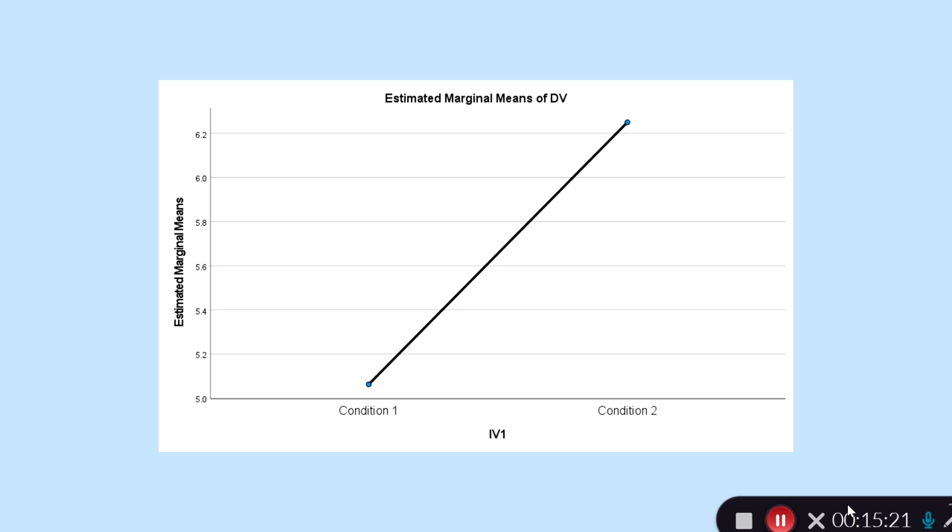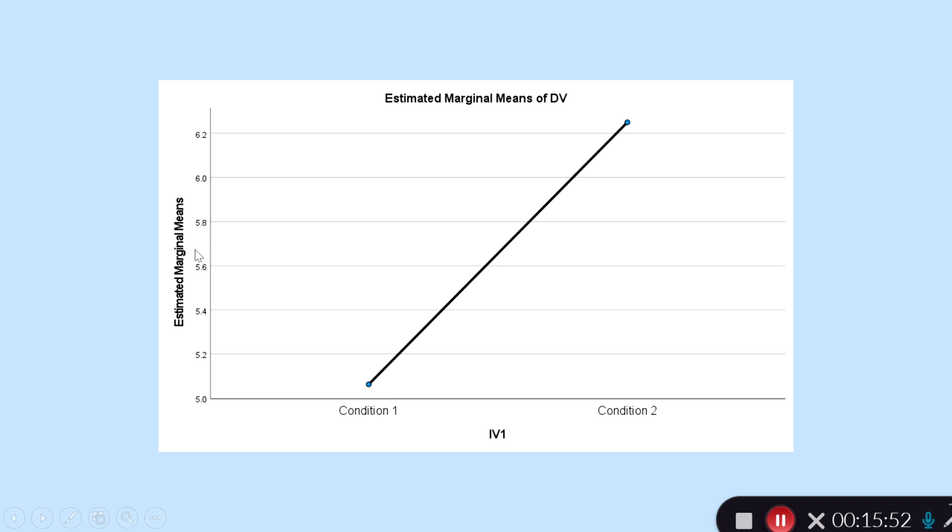So this plot here shows the main effect of independent variable 1. It has two levels, condition 1 and condition 2, and we can plot the mean for both conditions with respect to the DV. The line is just there to help with the visualization. The blue dot on condition 1 is just under 5.1. That's the mean score on the dependent variable for condition 1 on IV1.